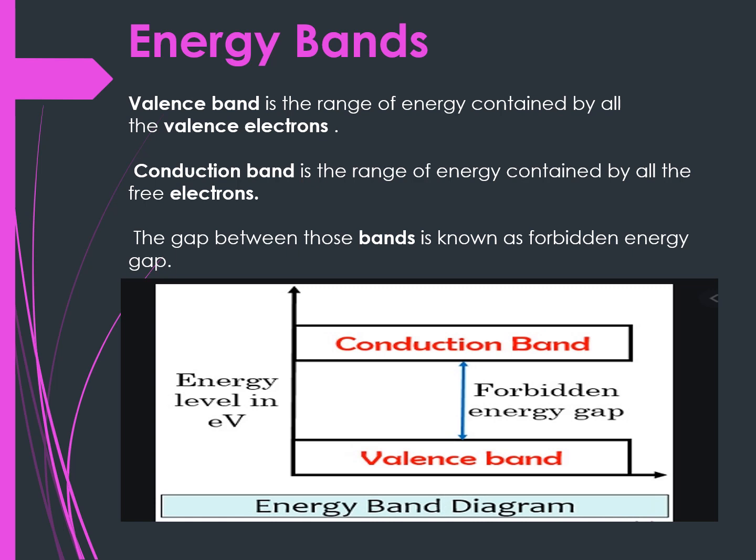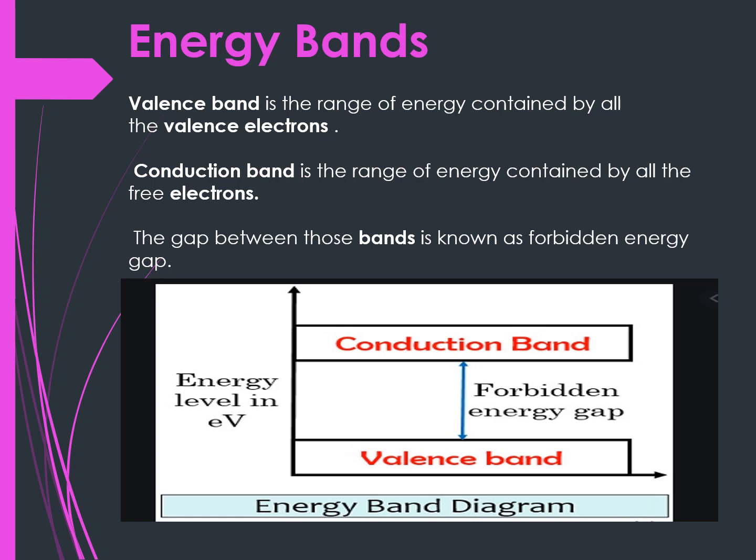Next, conduction band. Conduction band is the wide range of the energy possessed by the conductor electrons or the free electrons. So the band energy, or the range of energy, contained by free electrons is known as conduction band.